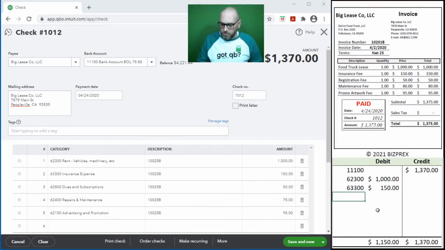All right. All right, debits and credits are in balance. We can go ahead and book it. Before we do, remember the limitation of the previous interface.